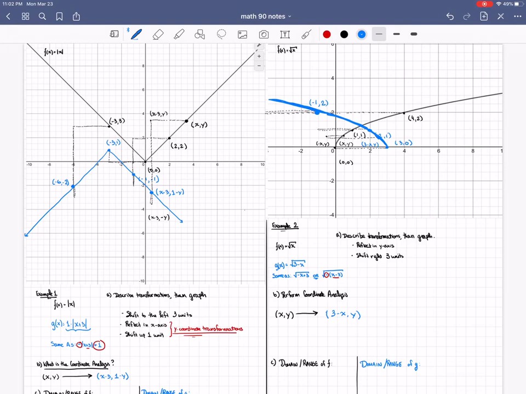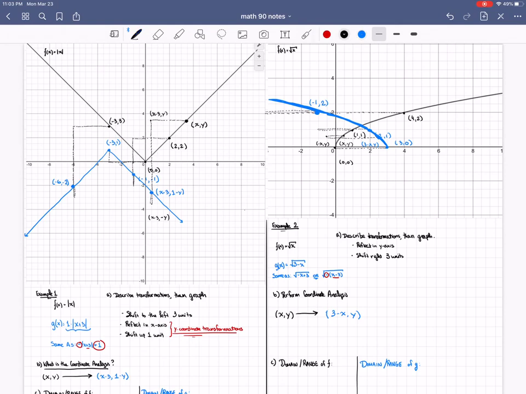What many of you will notice is that at first, you will need to do the graph first and then do the coordinate analysis, but as you get more comfortable with what the different transformations do, you'll actually be able to do the coordinate analysis first and then use it to sketch your graph. So eventually the coordinate analysis is going to start being a tool rather than a supplementary step.